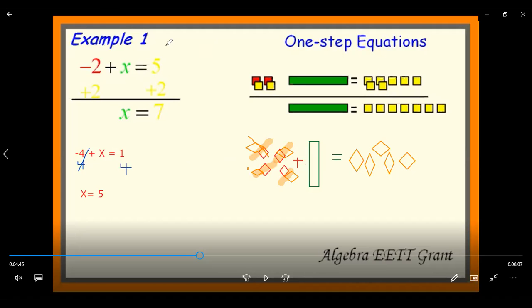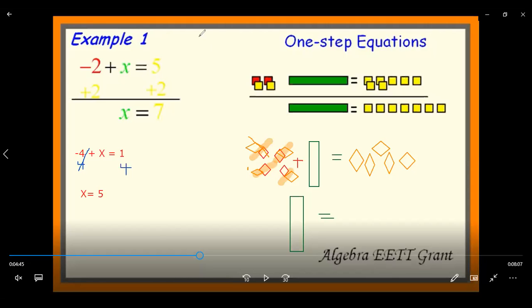So the answer now, we are going to move down. We will drop only one green rectangle, and it will be equal to how many? 5 yellow squares. Yes, 5 yellow squares.